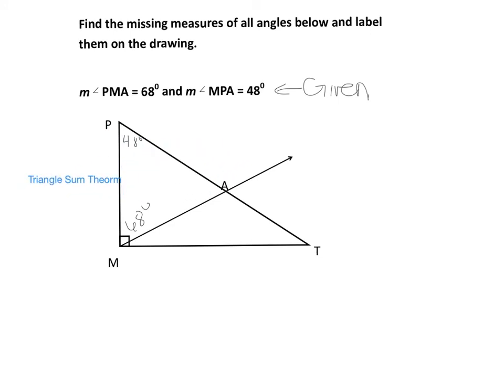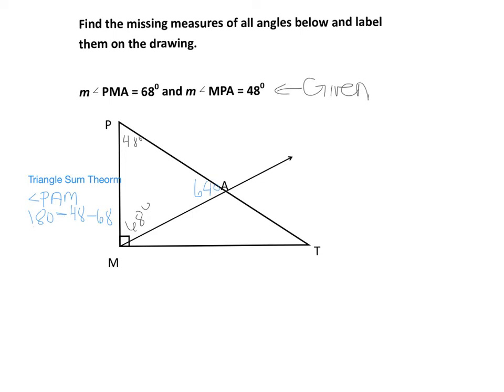Because of that, to calculate the measure of angle PAM, since we know that that triangle right there has to equal 180 degrees, we would say 180 minus 48 minus 68. And when we do that, we get 64. So that's how we know that this angle is 64 degrees.